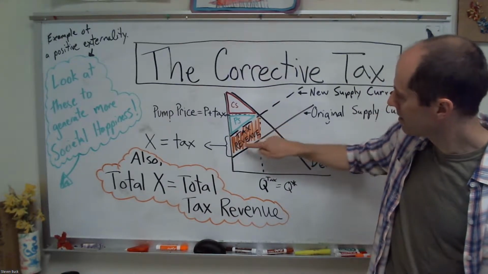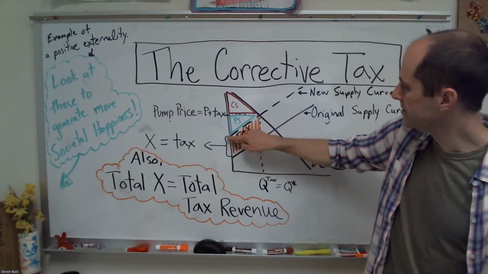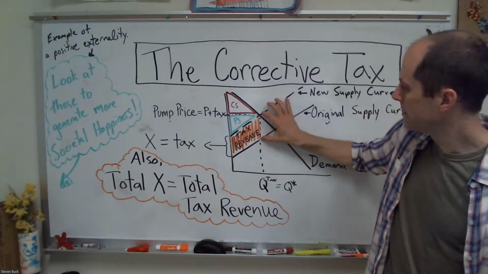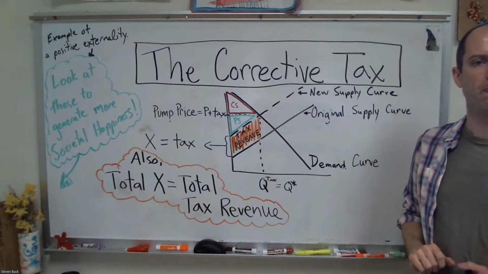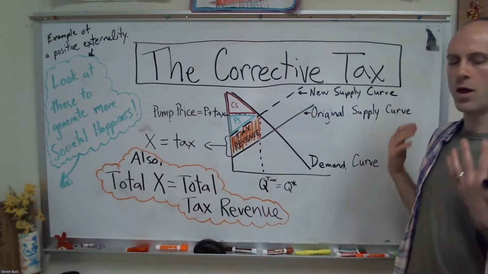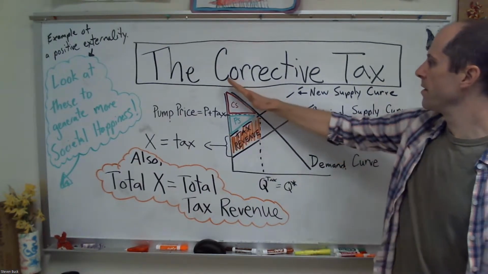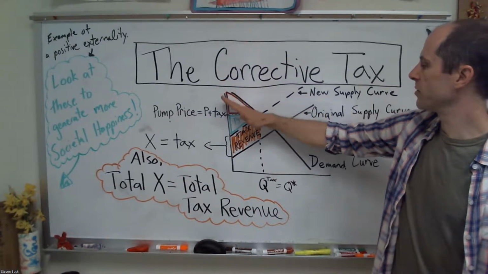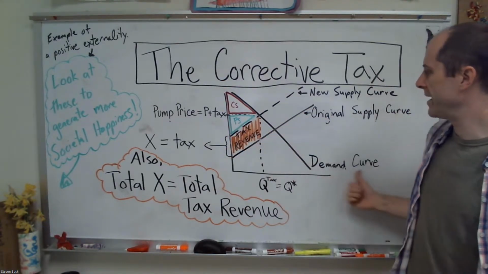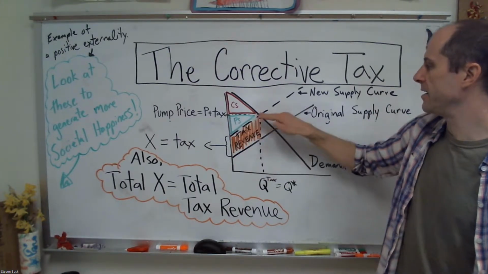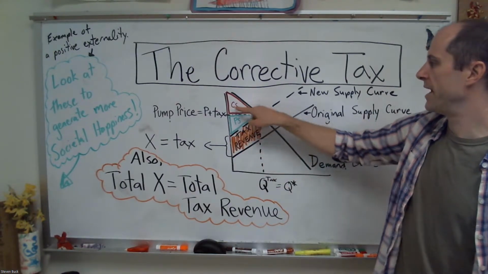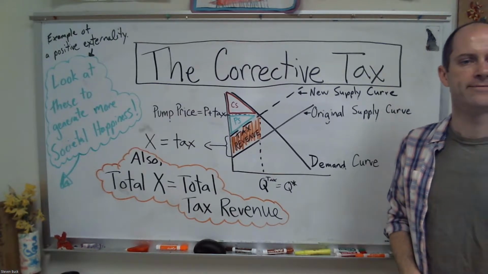P plus the tax gives us the pump price. Consumer surplus then, the benefits, which is reflected the area below the demand curve, minus the price paid. That gives us consumer surplus.